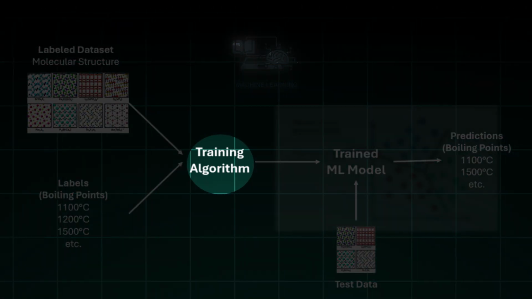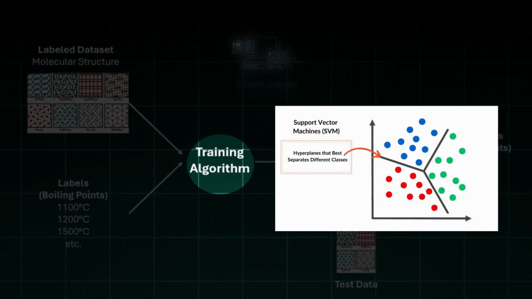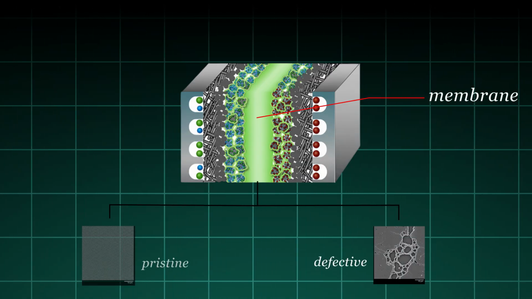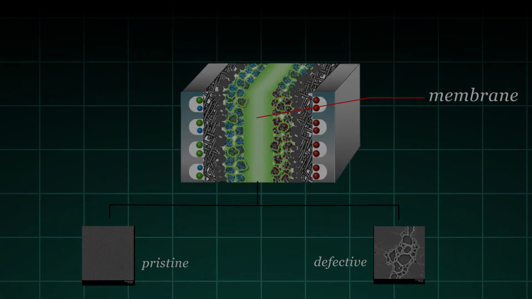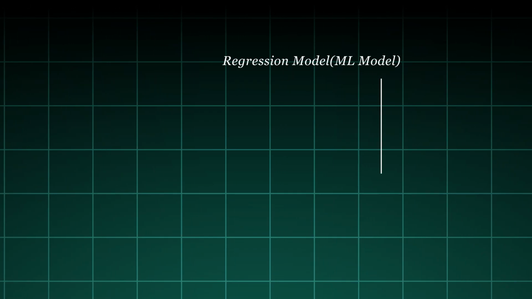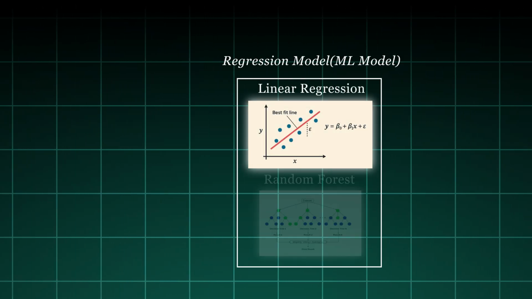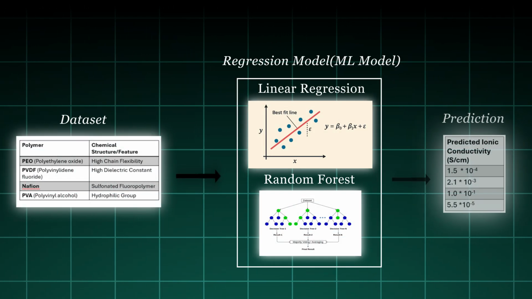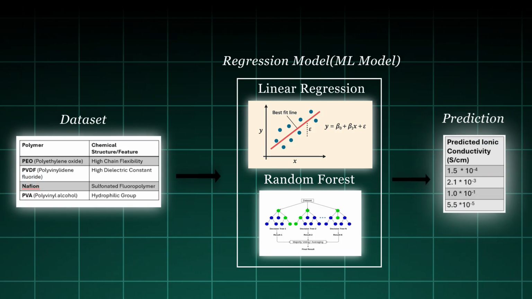We use classification algorithms, like support vector machines, or SVMs, to categorize data into classes, for example, determining if a battery membrane is defective or pristine based on manufacturing images. We use regression algorithms, like linear regression or random forest, to predict continuous values, such as the exact ionic conductivity of a new polymer.